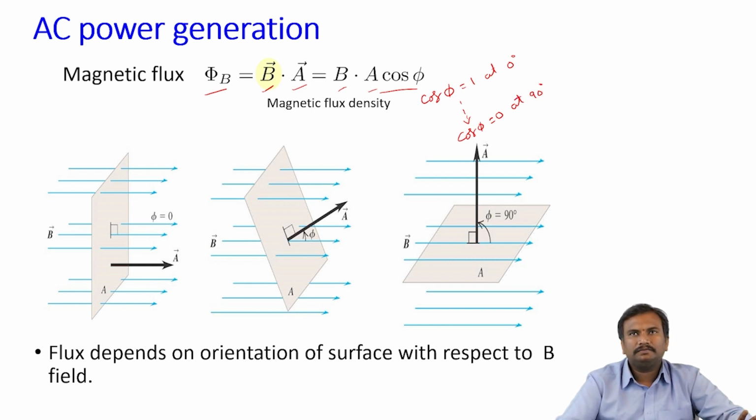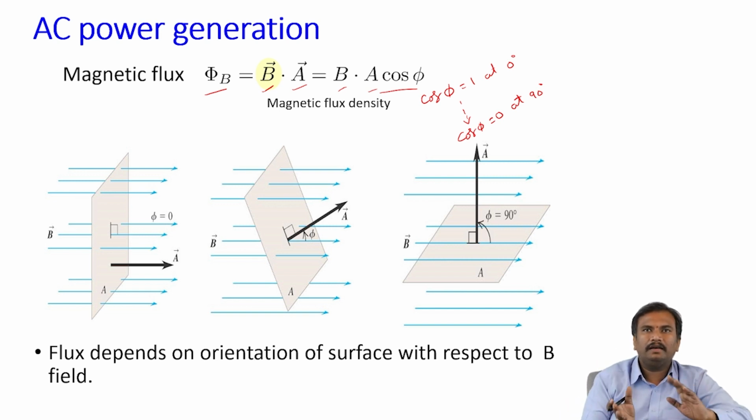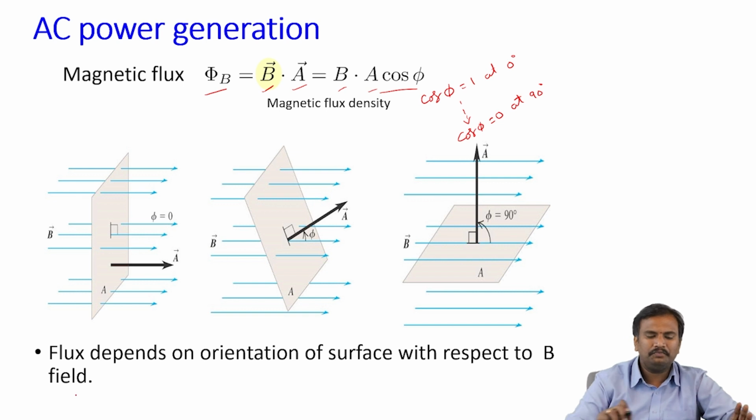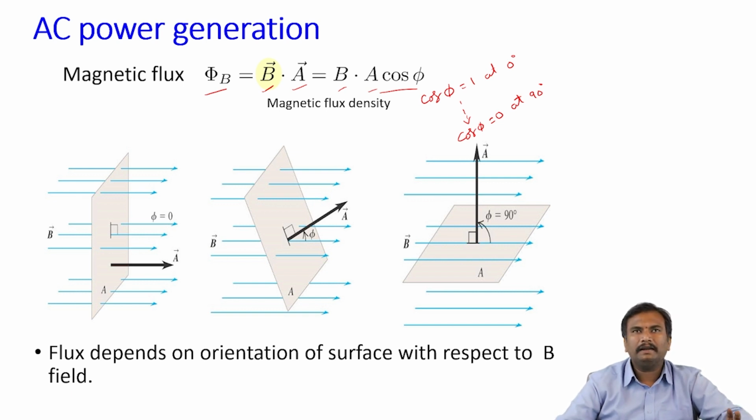So we are going to have a decrement in the flux when the rotation is taking place. The flux depends on the orientation of the surface with respect to the B field, the magnetic flux density field.